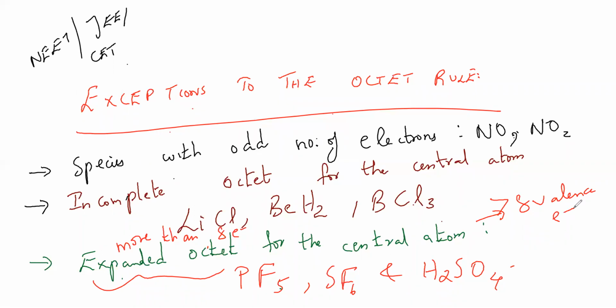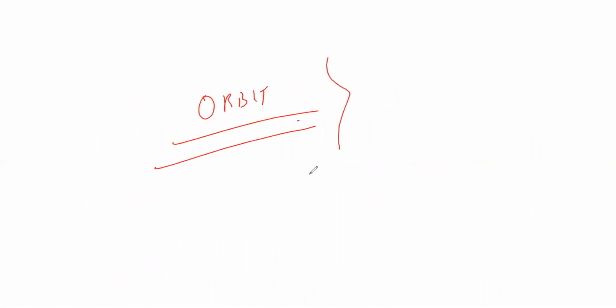So that is the reason I am telling you, till class 10th, what you learned actually, we have learned about orbit. Correct? What is orbit? It is not spherical in shape, it is circular. Correct?